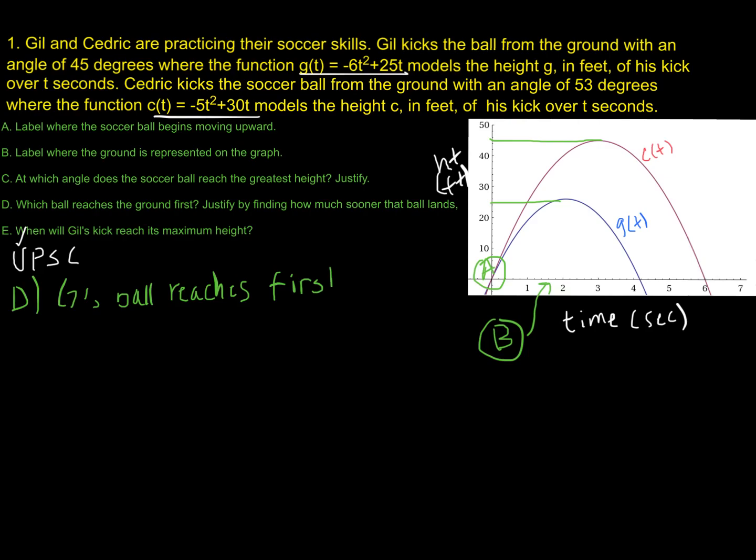All right. And now we need to justify by finding how much sooner that ball lands. So here there's two pieces to this question. The first is we need to know at what time Gil's ball lands, and then we need to know at what time Cedric's ball lands. Okay? So let's think about what this question is really asking.